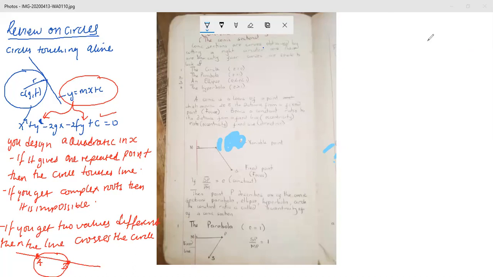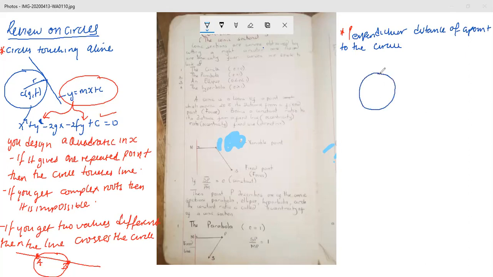The other definition I want to talk about is the perpendicular distance of a point to the circle, whereby you have a circle of this nature, and there is a point here, P, which is (x, y).